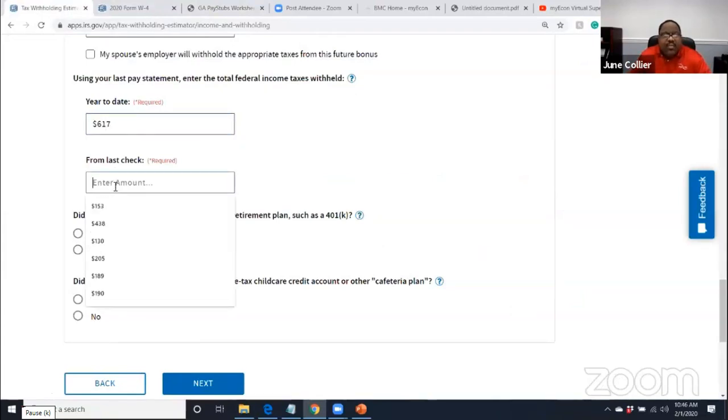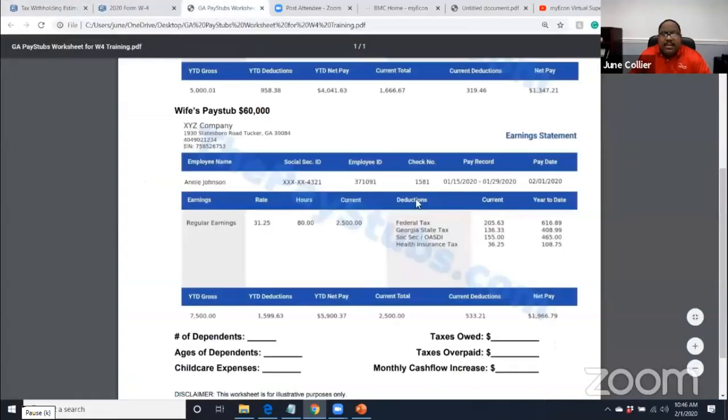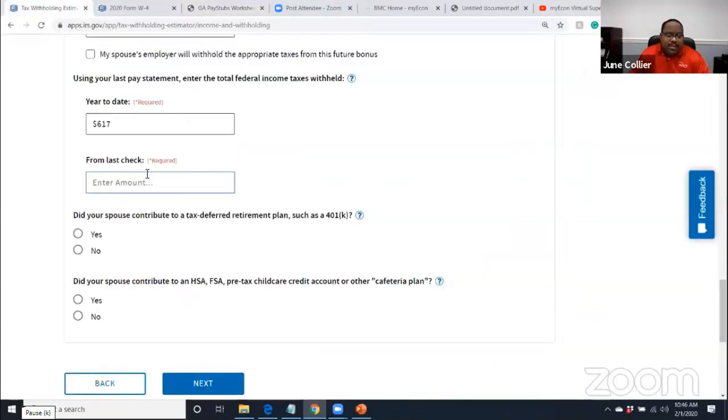Then it's asking, what was the taxes that was withheld from your last check? Let's go back and look at the pay stub. The current taxes that was withheld from the last check was $205.63. So we'll round that up to 206 and put 206 in the box. So hopefully, as you can see, all we're doing is simply answering questions from our paycheck stub.